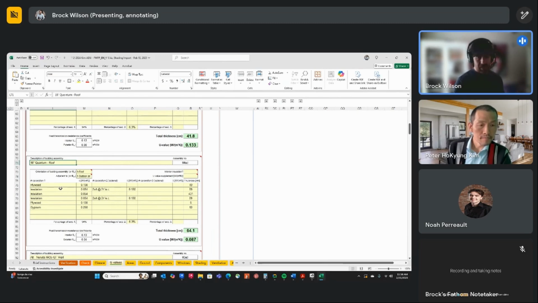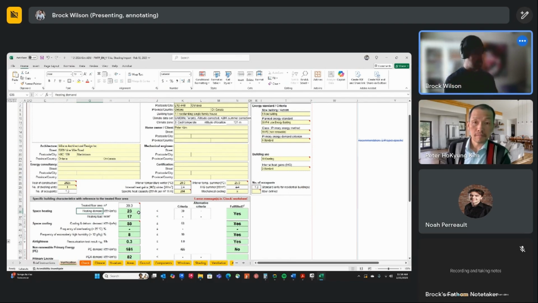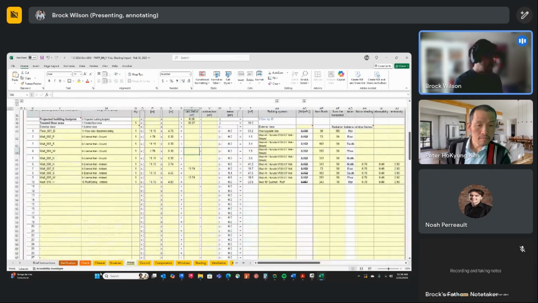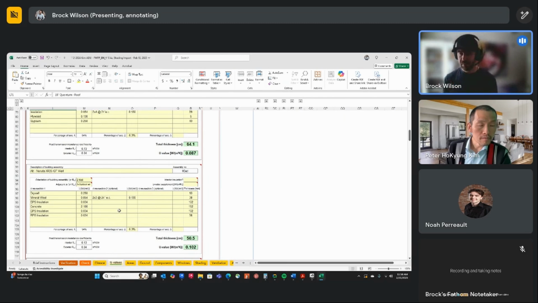With Quantum's panel system, we are actually quite high in terms of the overall heating demand. It was higher than the 30 that we wanted. The reason we have it at the 23 right now is we've looked at different options in terms of different materials. In previous projects, we've utilized ICF construction, the Nudura XR35 exterior ICF wall with the Omega panels on the outside.